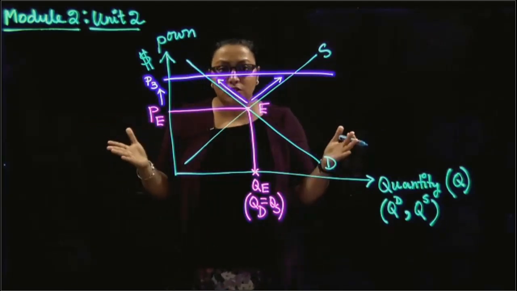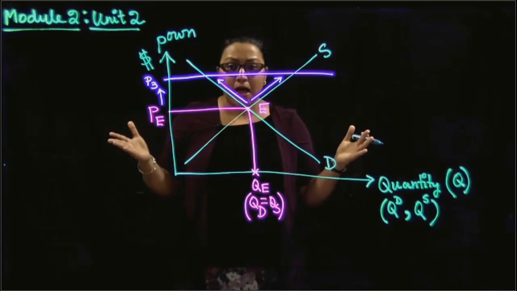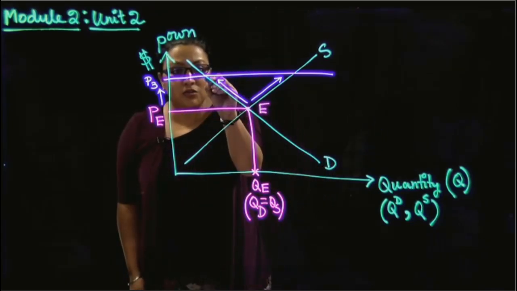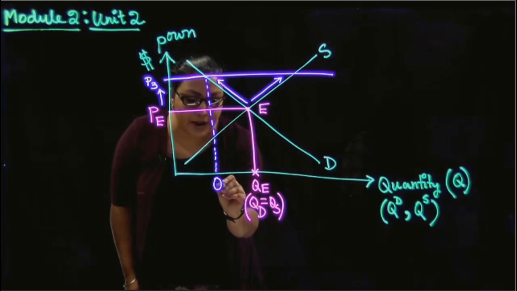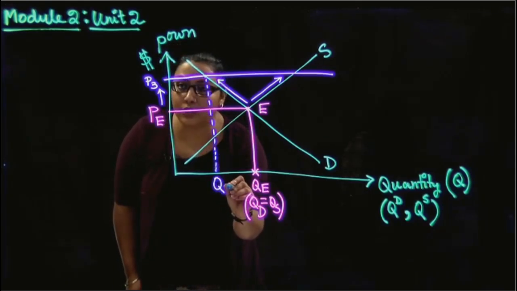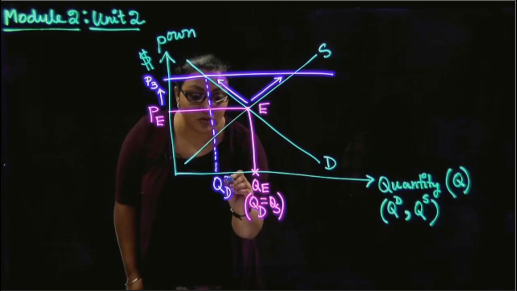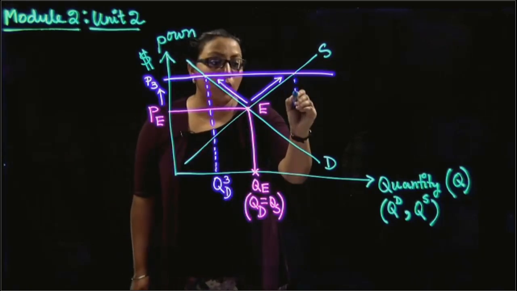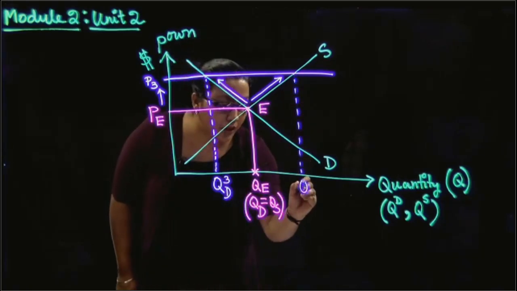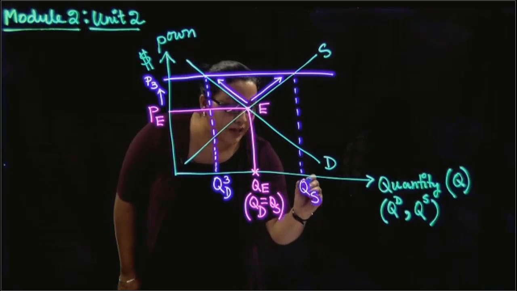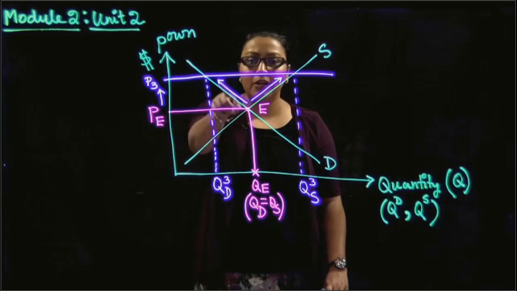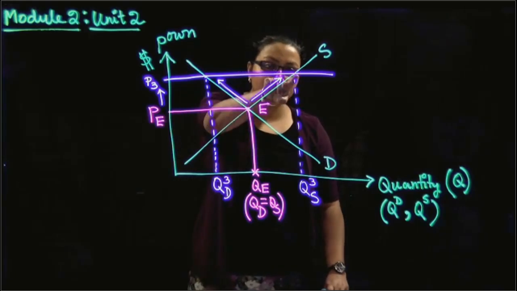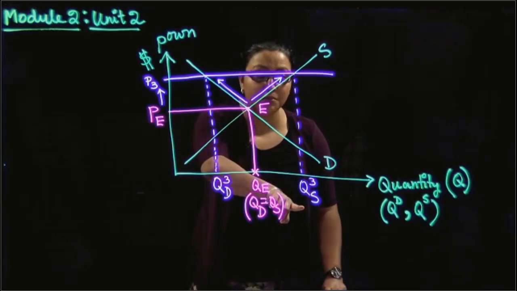There is a divergence between demand and supply, and that divergence is represented by a quantity demanded, which I am going to call QD3, and a quantity supplied, which I am going to call QS3. Now how do I know this is QD? Because I am reading it from the demand curve, and this is QS because I am reading it from the supply curve.